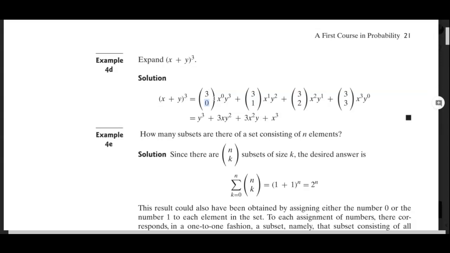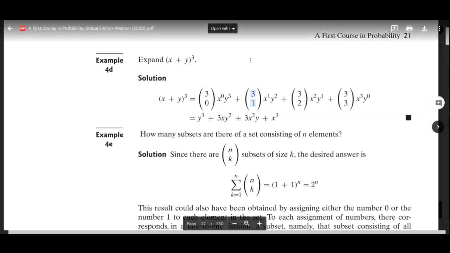Well, that's just one way, right? Out of 3 things, you choose nothing. You don't do anything. X raised to 0, which is 1, y raised to 3, it's just y cubed. The second term is out of 3, choose 1, which is 3 factorial divided by 2 factorial times 1 factorial, which is 3.